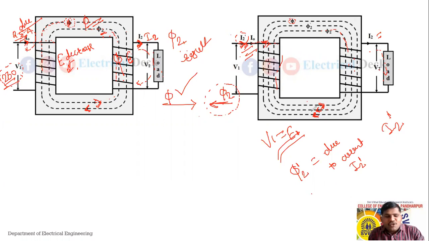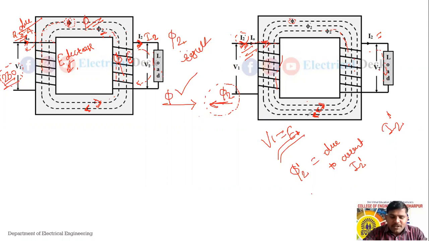See, this phi2 dash will neutralize the effect of phi2. phi2 म्हणजे सेकंडरी करंट मुळे प्रोड्यूस होणारा जो काही फ्लक्स आहे त्याचा इफेक्ट न्यूट्रलाइज करण्यासाठी एक्स्ट्रा अमाउंट ऑफ करंट will be taken from the supply, and due to that current there is some flux produced, that is phi2 dash. phi2 dash flux प्रोड्यूस होतील in the transformer.